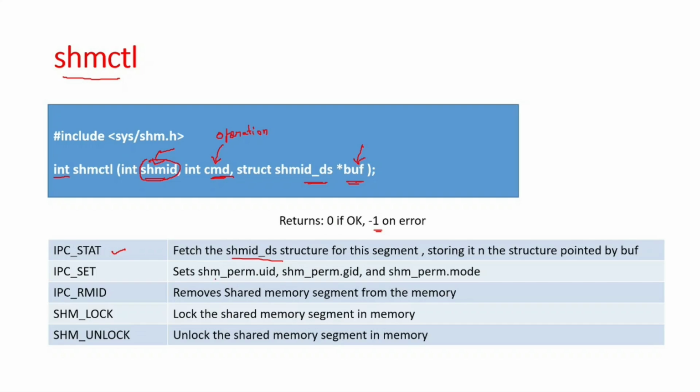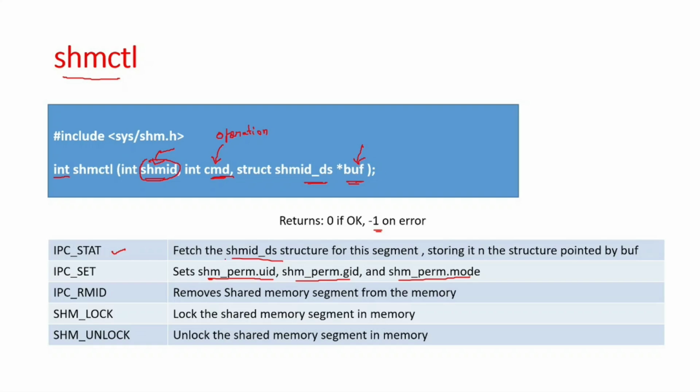What are the three members? They are the permission UID, the permission GID, and the permission mode. So this is basically used to set the permissions for the shared memory.